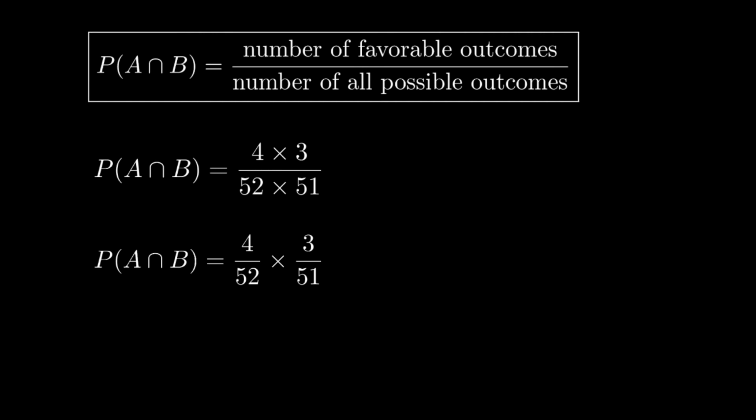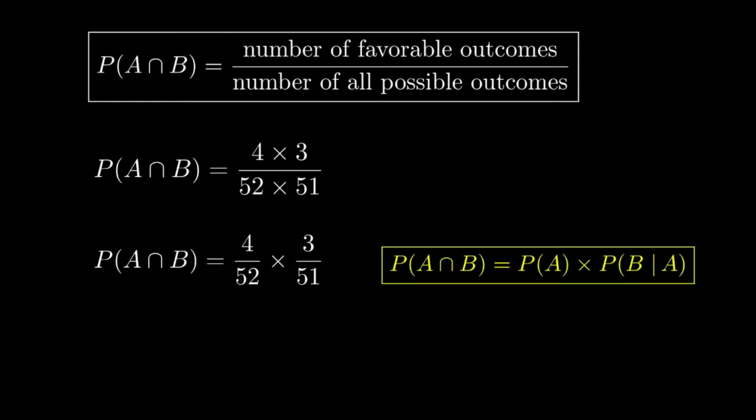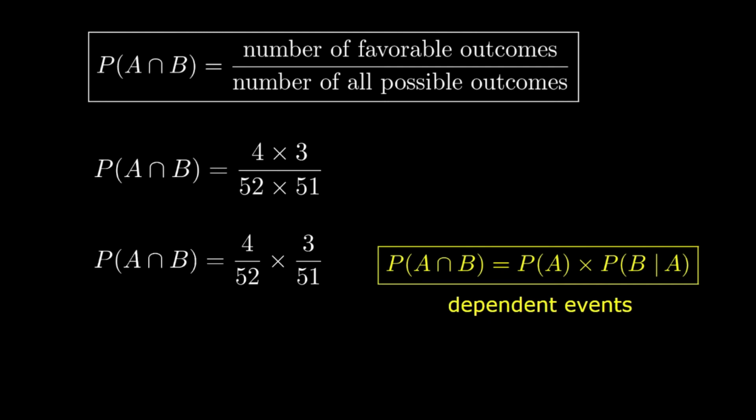The 4 out of 52 is getting an ace on the first choice, and if we don't put the card back, we only have 51 cards to draw from, and there will only be 3 aces guaranteed to be in that deck for the second choice, because remember, there's one sitting in your hand. So clearly, it's not drastic, but the first selection has had some effect on the second selection. So we don't have independent events. We call these things dependent events.